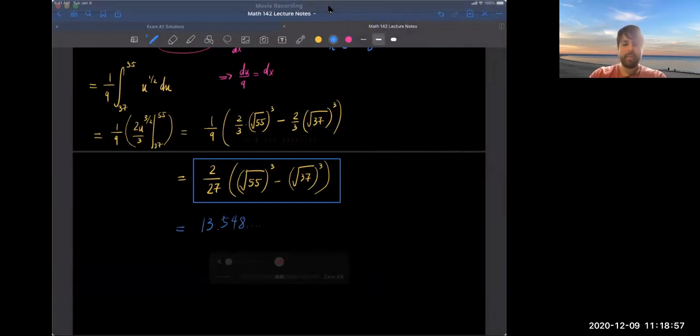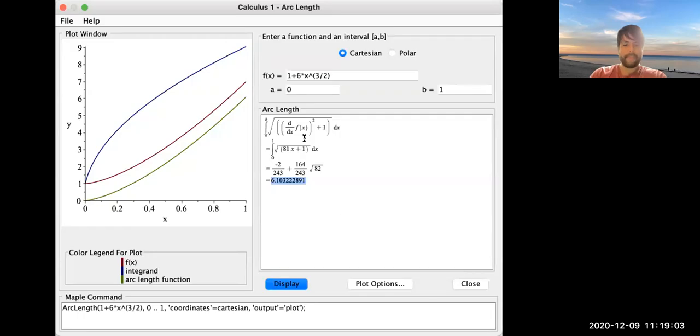And just to make sure, I'm going to share my screen with Maple. And so Maple, I'm going to give it the original function, but I can't have a y squared, so I'm going to use the square root version. So the square root of 4 multiplied by x plus 4 raised to the 3rd power. And this is from 0 to 2.